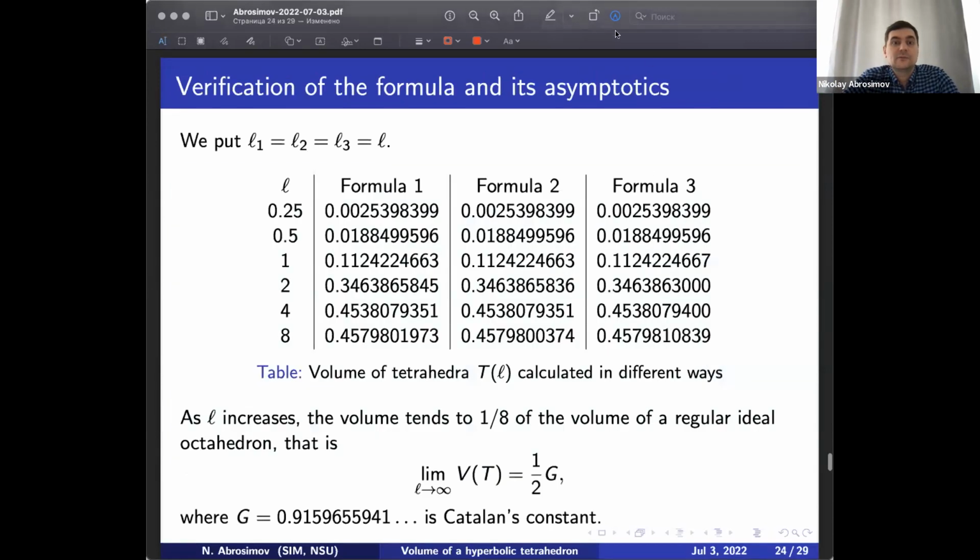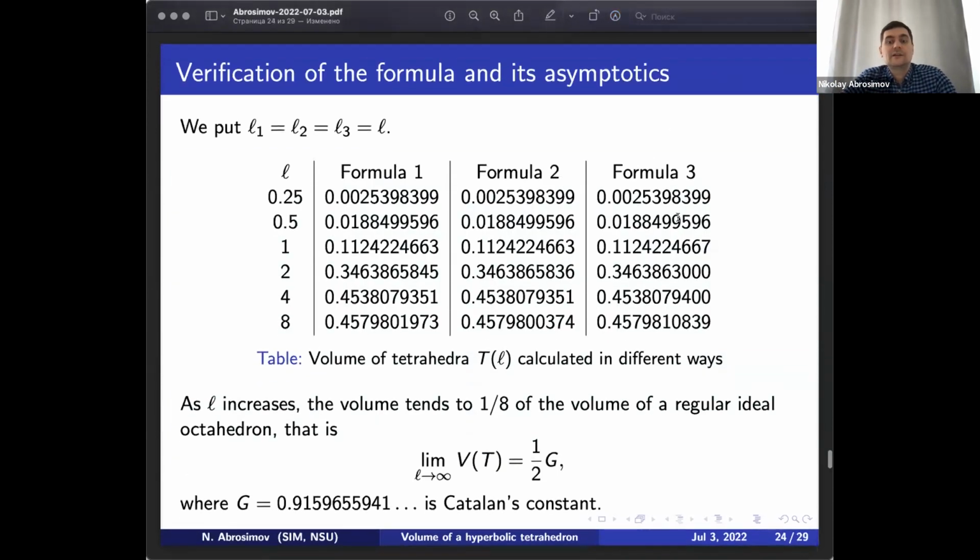And of course, when we obtain any new volume formula for some hyperbolic polyhedron, we need to double check it using some previously known results. So for the particular case, we consider one parameter subfamily of our three parameter family. We put L1, L2, and L3 equal to L and consider this one parameter subfamily of hyperbolic tetrahedra.